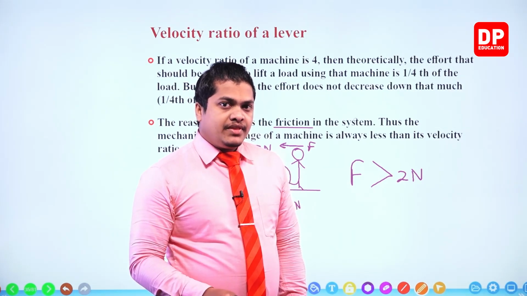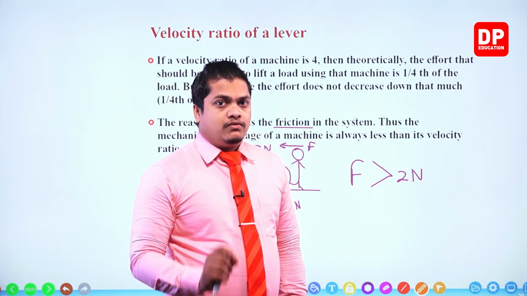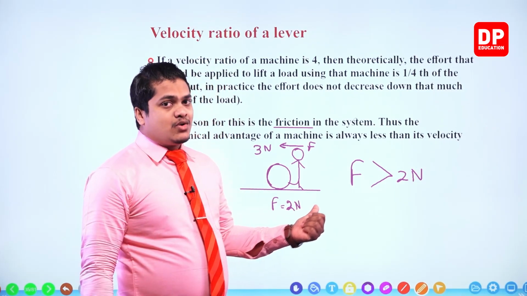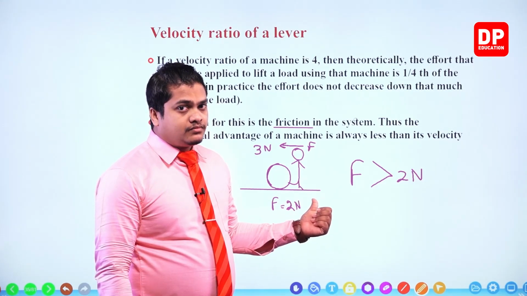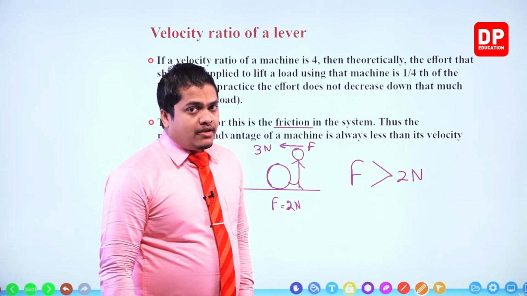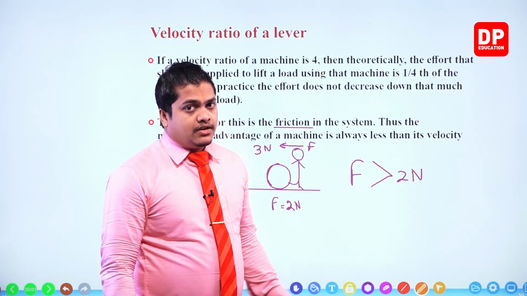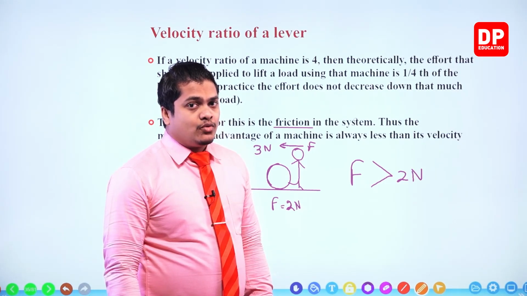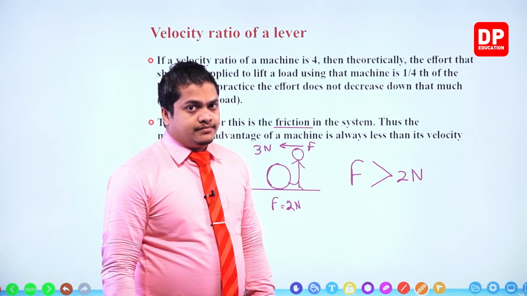So to overcome that frictional force, we have to apply more force. Like in here, you won't be able to apply 1 Newton of force to move this object. You won't be able to apply 1.5 Newton or 2 Newton of force to move this football. You have to apply a force greater than 2 Newton to move this football, my dear children.